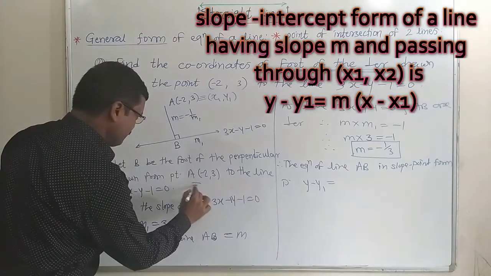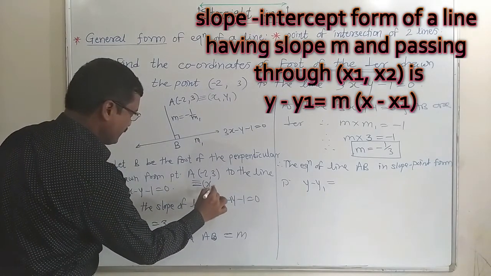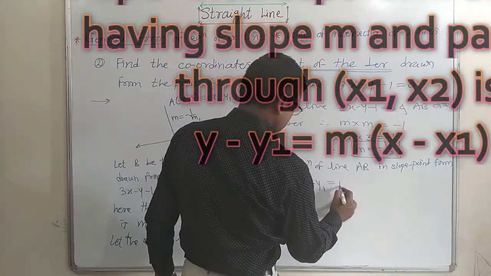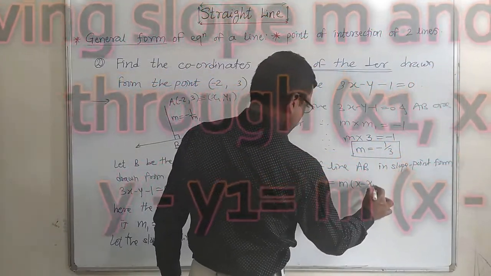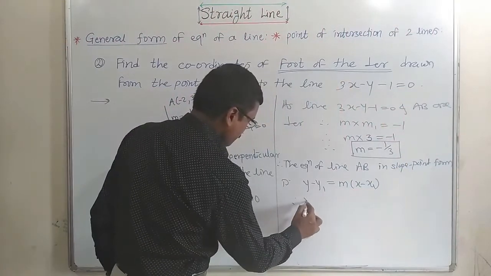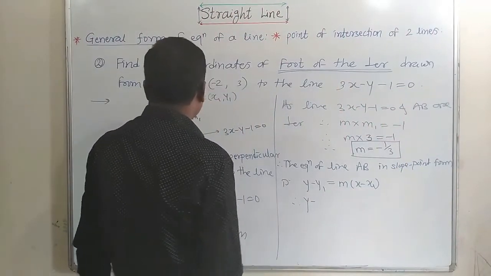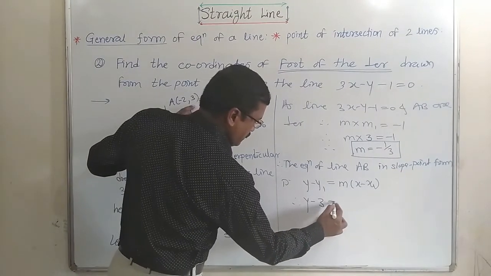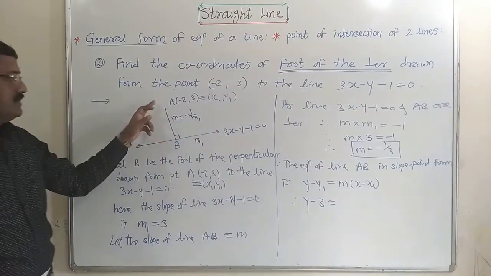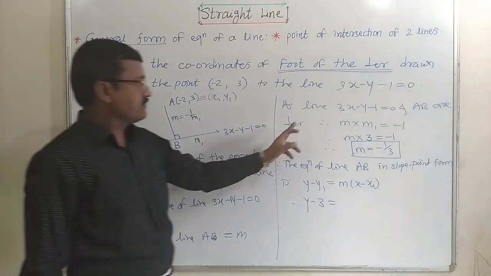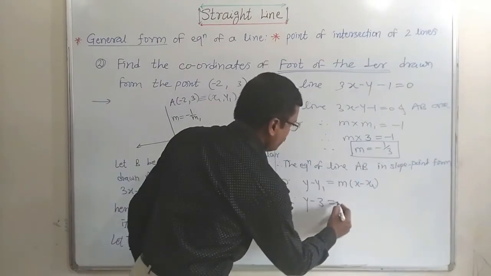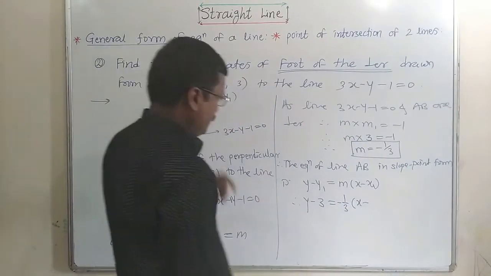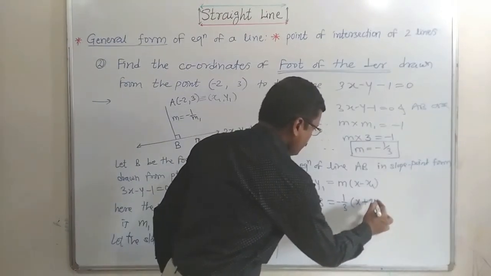Therefore the equation of line AB will be y minus 3 equal to, the slope of line AB is minus 1/3, into x minus minus 2, so it becomes plus 2 here.